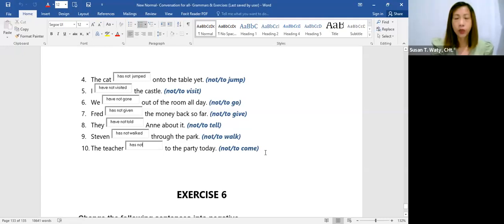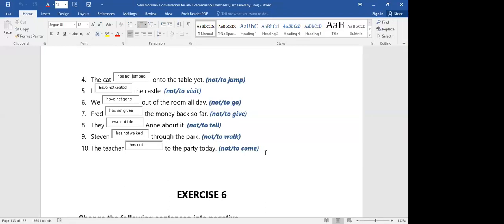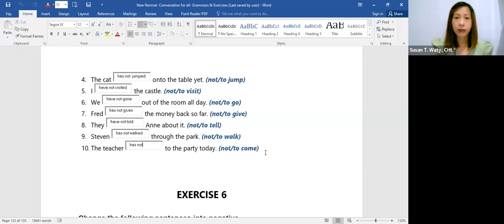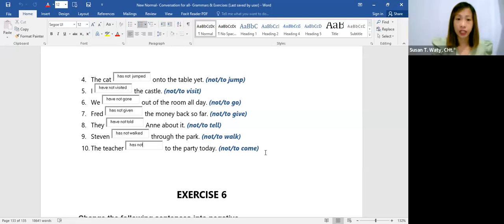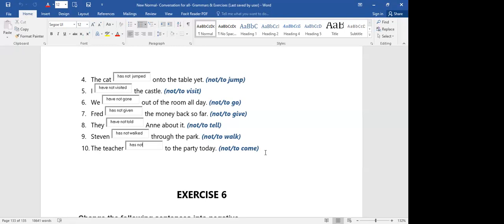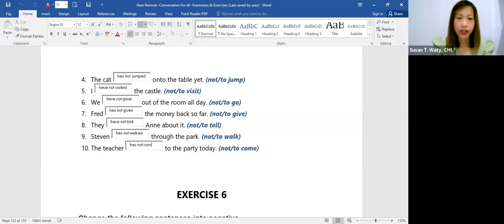Verb number 2, for the past tense, is going to be came, C-A-M-E. Verb number 3, for the past participle, is the same as the first one. It's going to be come. So that's irregular. The teacher has not come to the party today. Guru tersebut belum datang ke pesta tersebut hari ini.